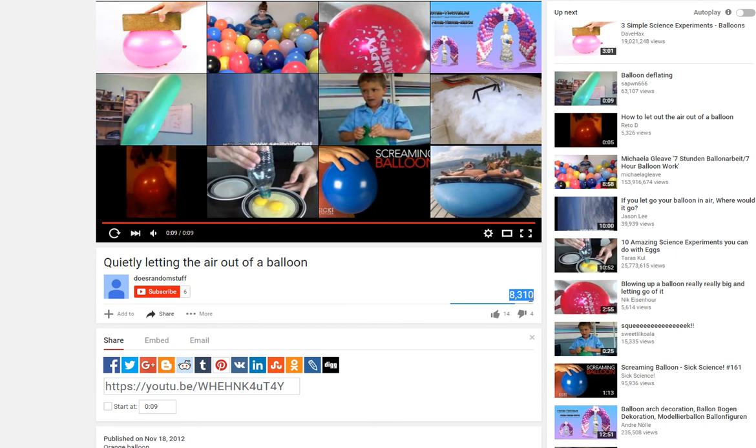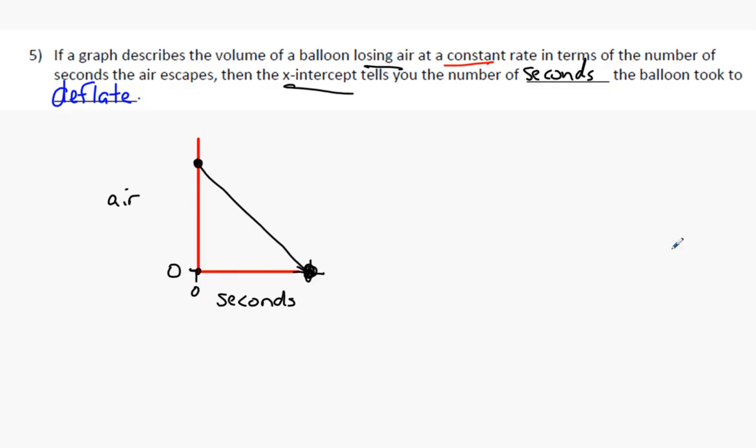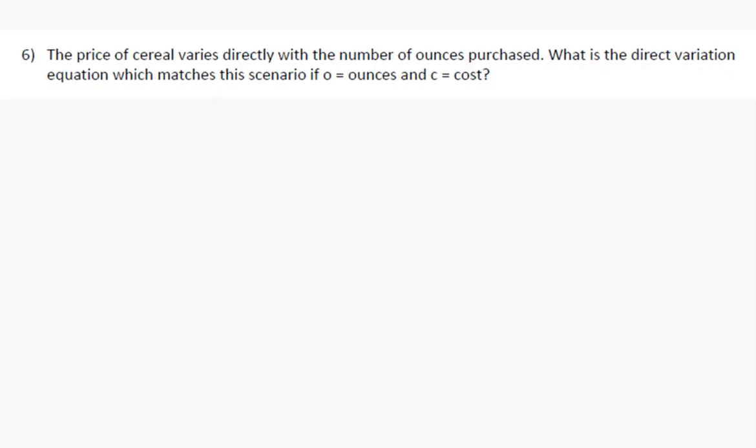Or something. Whatever. Alright, that's 5. Moving on. Price of cereal varies directly with number of ounces purchased. What is the direct variation equation which matches this scenario, if O is ounces and C is cost? Okay, varies directly. All that means is our equation is going to look like y equals kx.